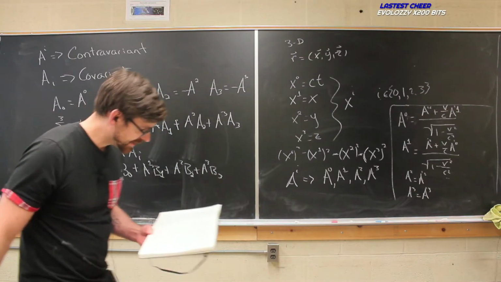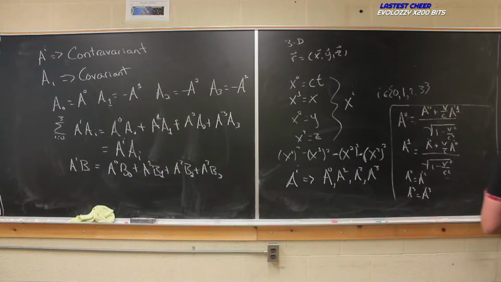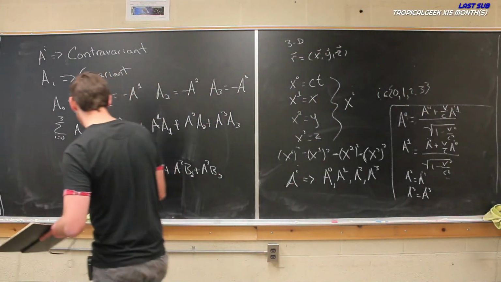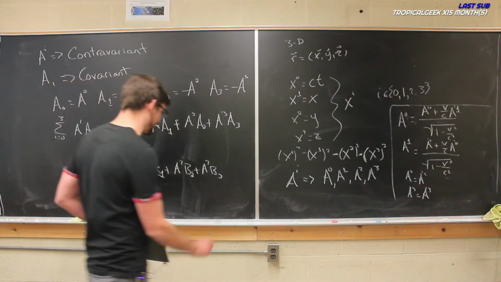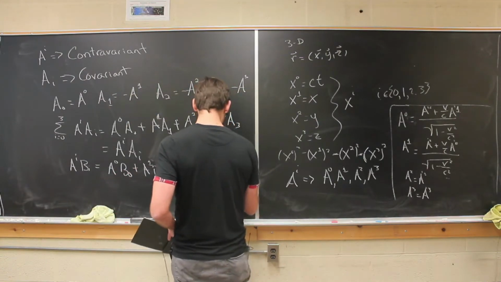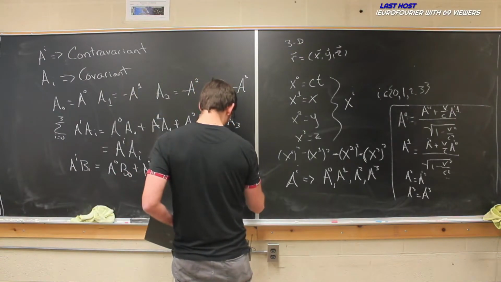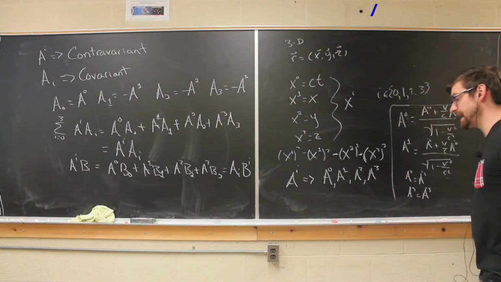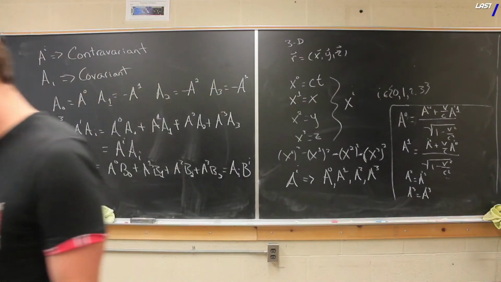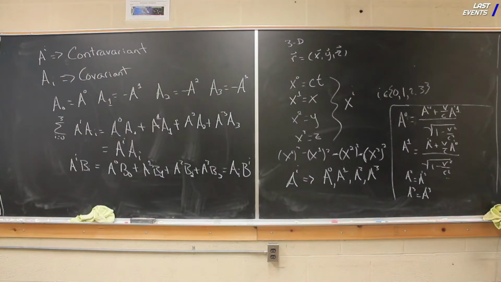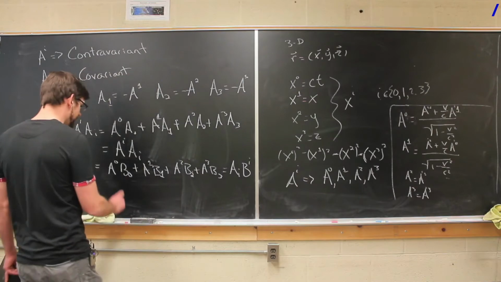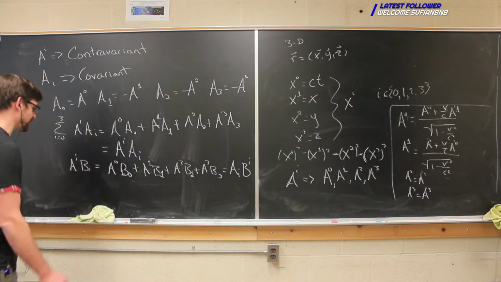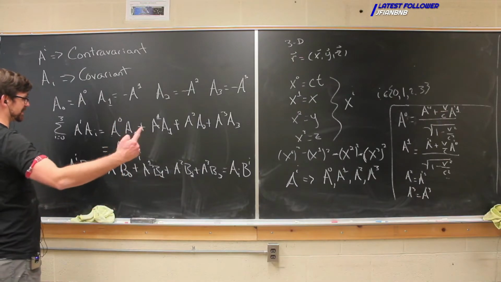Now, I've lost my spot. Here we go. It should also be seen that under this circumstance and this circumstance alone, we can rewrite this as A_i downstairs, B^i upstairs. How can we do that? We simply have to think about what the role is of switching from contravariant to covariant.